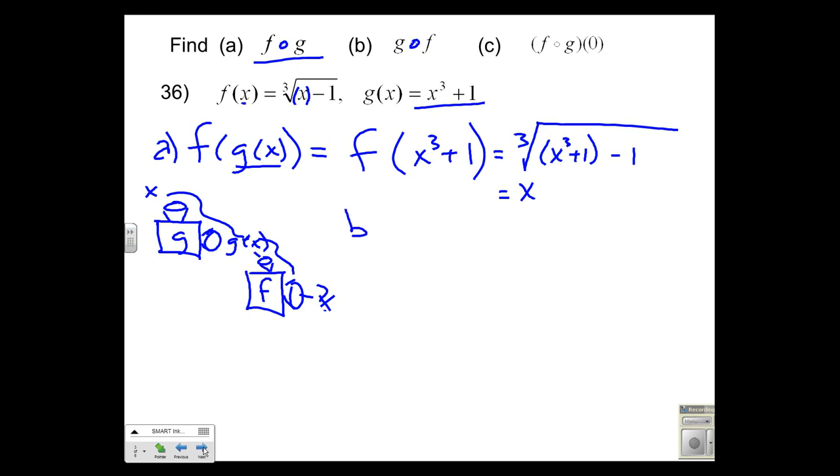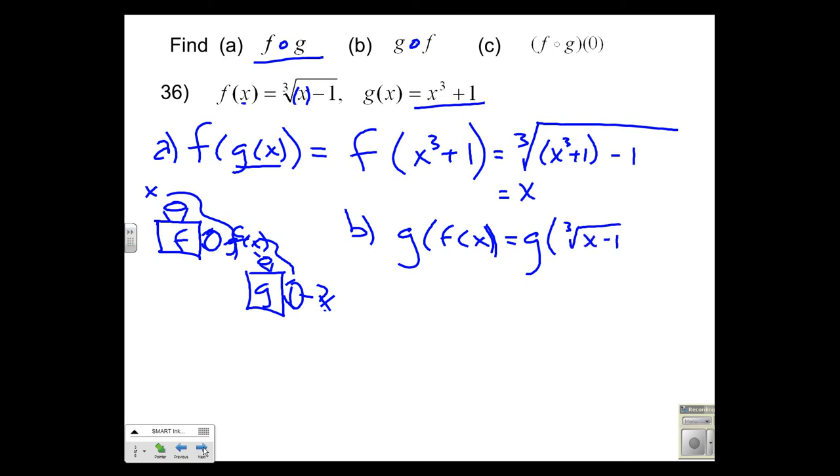Part B, we are looking for g of f of x, which of course just means that we're going to go into f first, get an f of x value, and then place that into g. F of x is explicitly the third root of x minus 1.